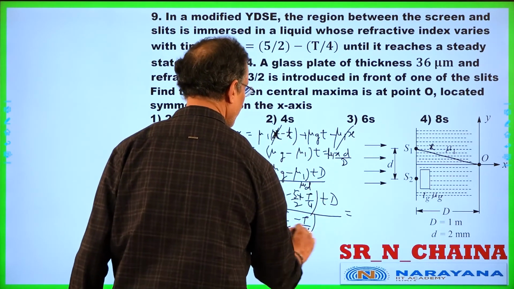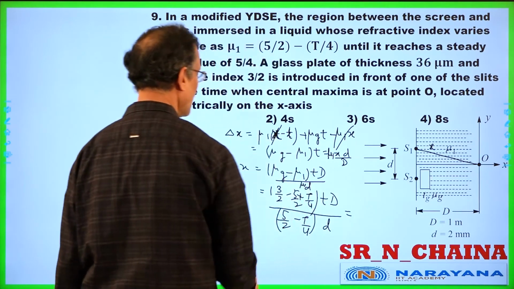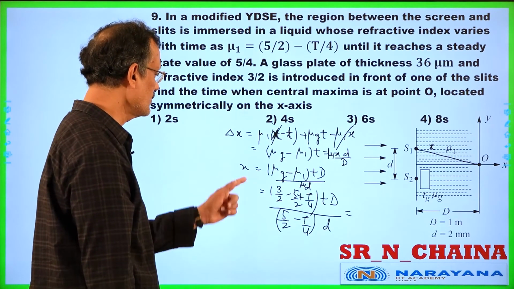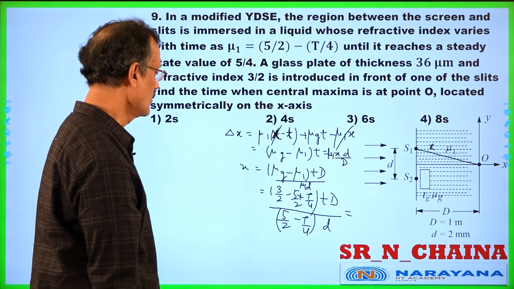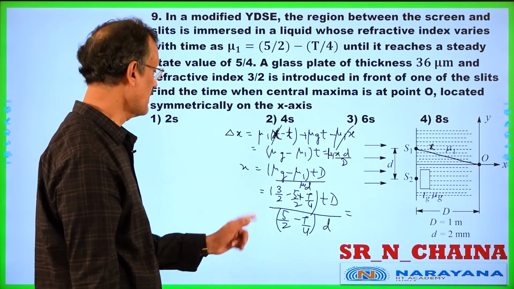Check the constant here, you are getting 2. 3 by 2 minus 5 by 2 is 1, na? 3 minus 5 minus 2 by 2 is minus 1.